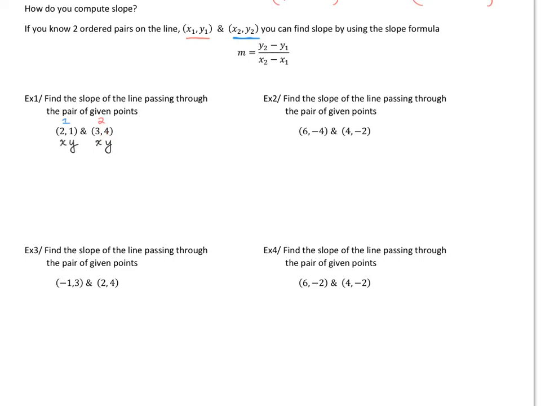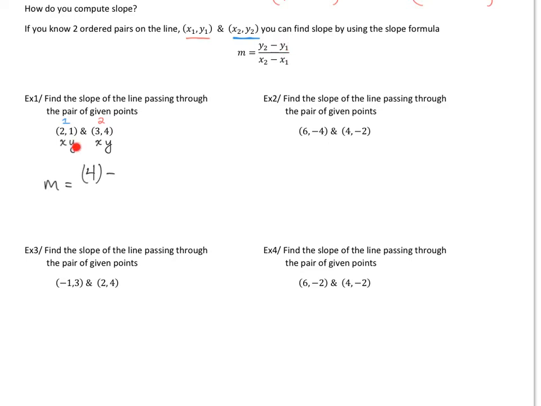Now that we have these numbers, we substitute them back into the formula. The slope will equal y2, which is 4. I'm going to put that in parentheses, and anytime I work through these, I'm going to put parentheses around my substitutions.